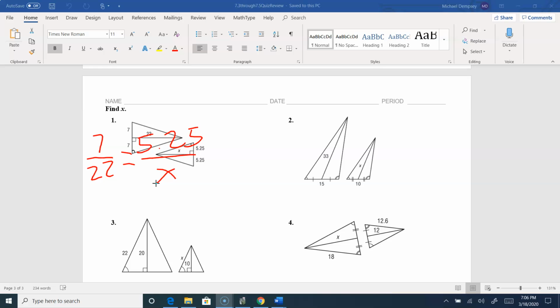See how 7 is a little piece and 22 is the altitude, and x is the altitude in the other triangle. So we have to put those in the same places. So we're going to cross multiply, and we would get 7x. And then when we do 22 times 5.25, we can let our calculator do that for us, but we're going to get 115.5.